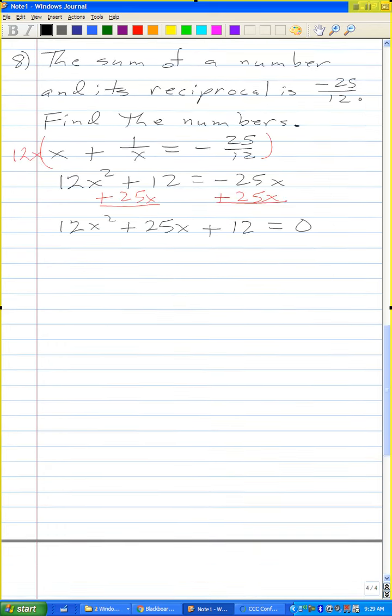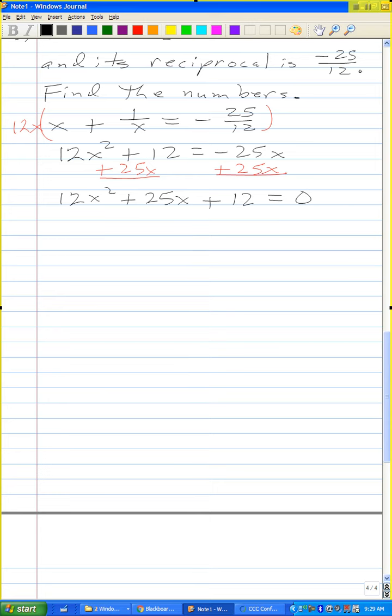So let me factor. I get 12x squared plus 16x plus 9x, which is 25x, plus 12. Set each factor equal to 0 since the real numbers have the zero-product property.